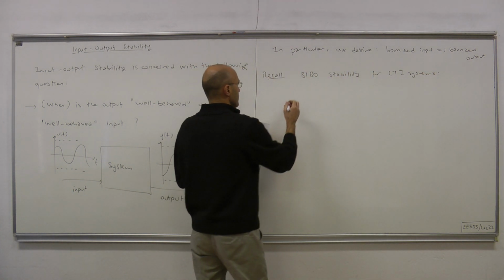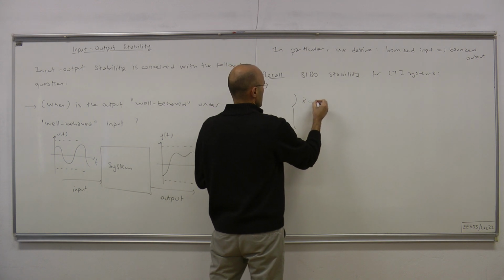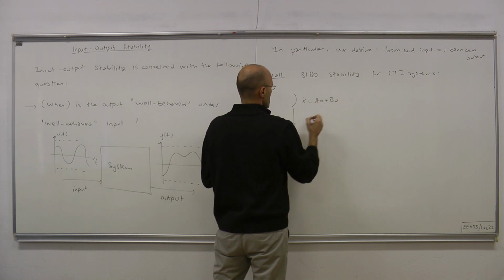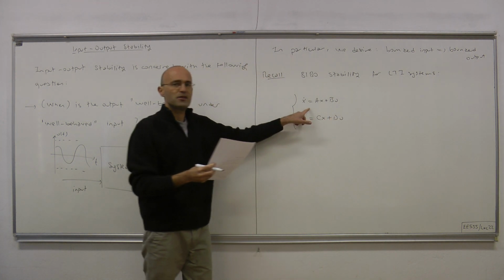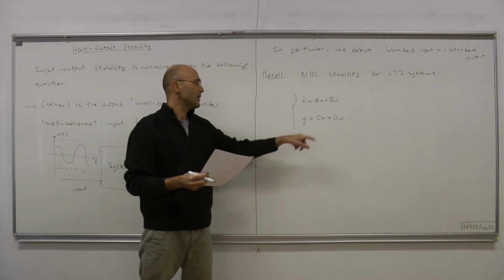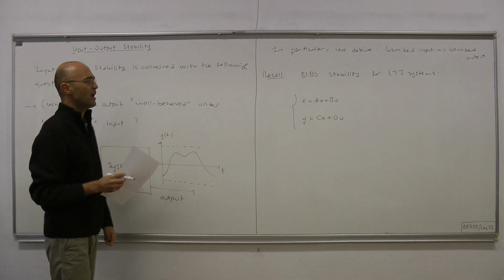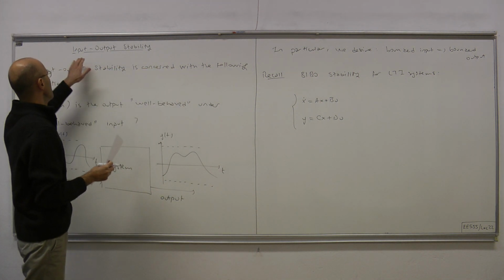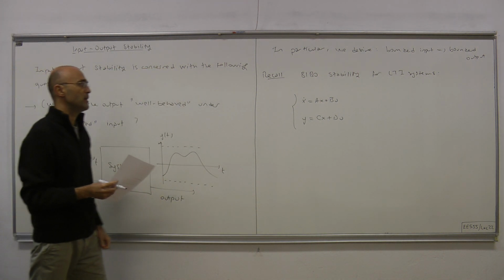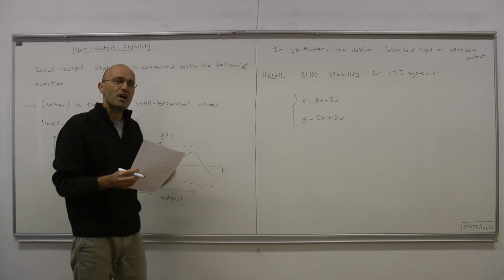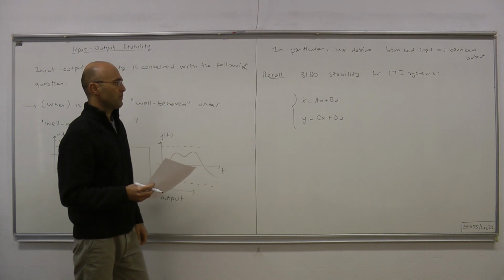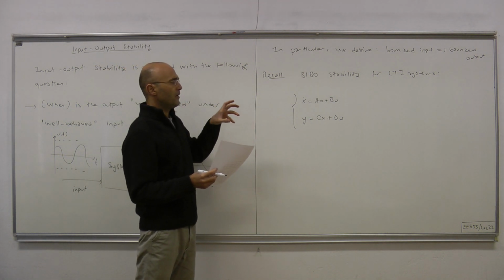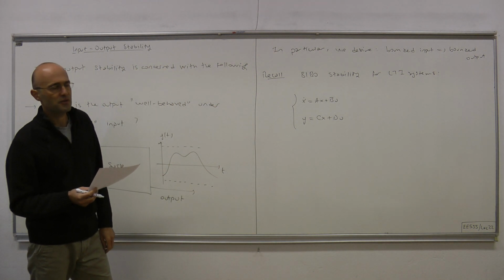Of the form x dot equals Ax plus Bu, y equals Cx plus Du. Here x is the state, u is the input, and y is the output. And once again, by input here in this context we mean the negative forces, undesired forces that are affecting the evolution of the system.